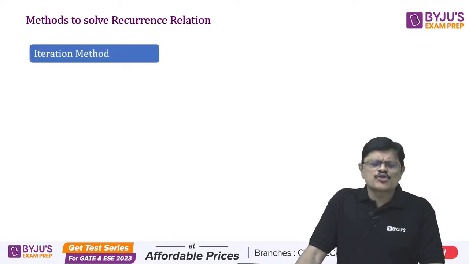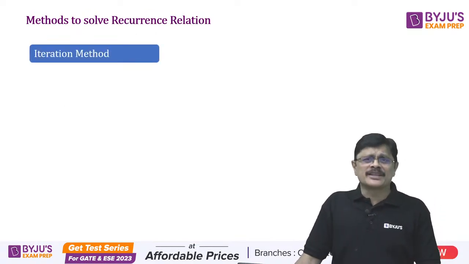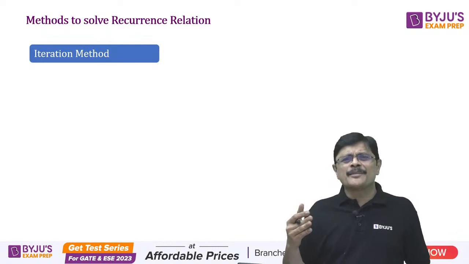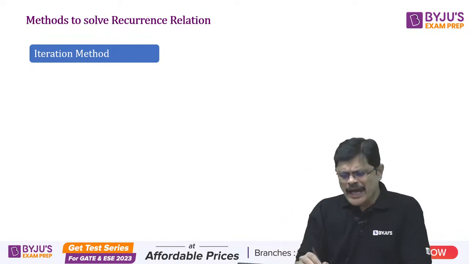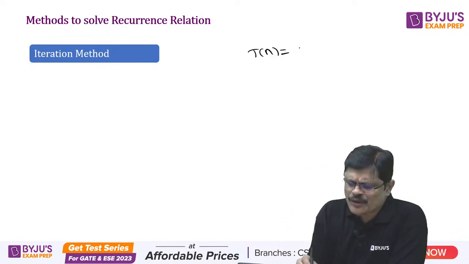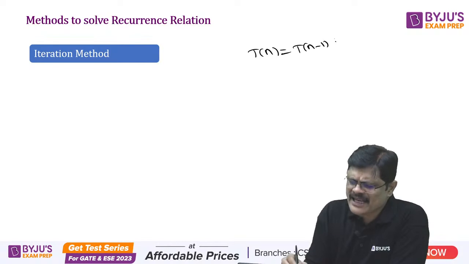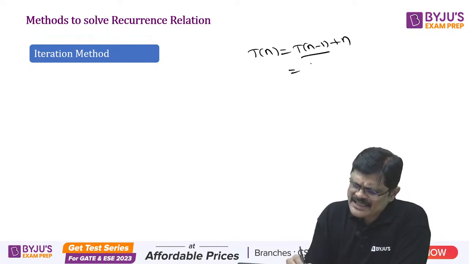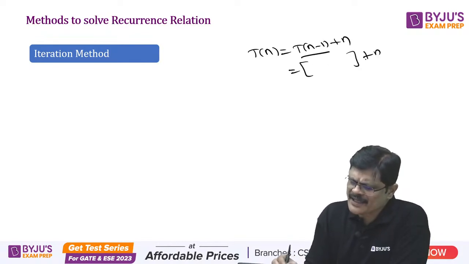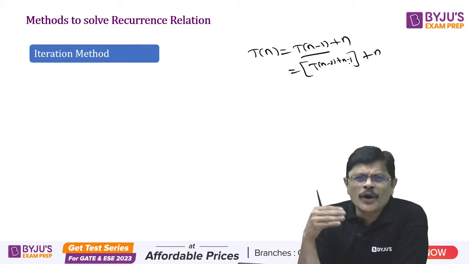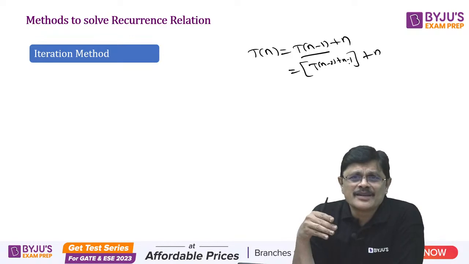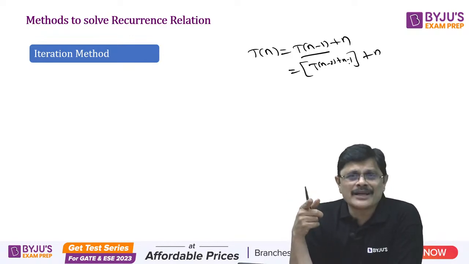There are many methods to solve a recurrence relation, that is the iterative method. What does the iterative method mean, sir? Once you have some problem like T(n) = T(n-1) + n, then T(n-1) is expressed as T(n-2) + (n-1). So you are going to substitute the values. This iterative process we call it.